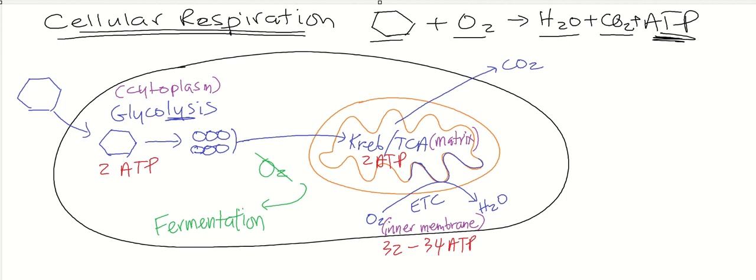That's not really the point, but the point is it will allow glycolysis to repeat. So we'll take glucose and you get 2 ATPs out of it. It's not the most efficient process, and you get byproducts, but it does allow cellular respiration to continue.